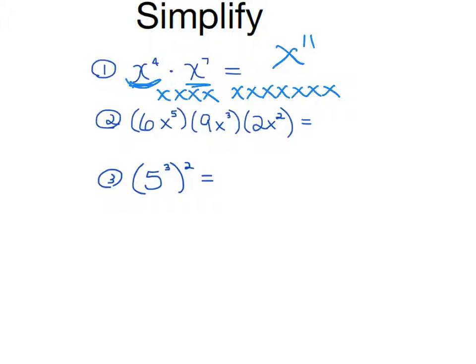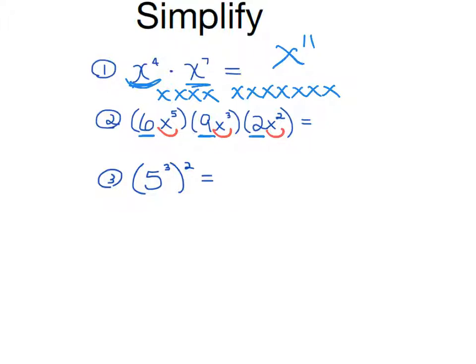Now, when you're multiplying terms that have coefficients, we are going to multiply the coefficients, and the coefficients are the numbers that are in front of a variable. So we'll multiply those coefficients together, and then notice I have variables, and they're the same base, and I would add those exponents.